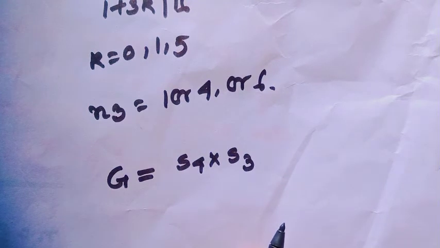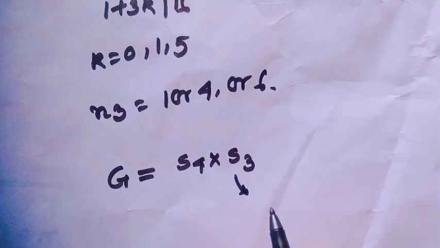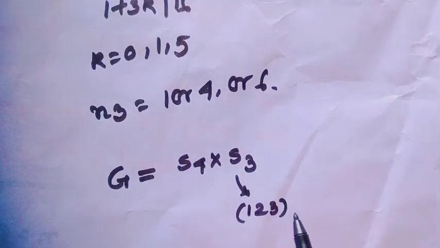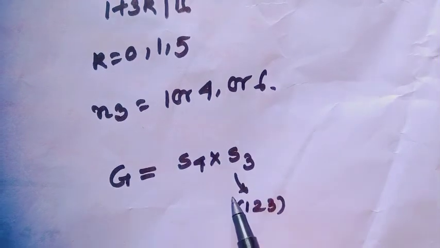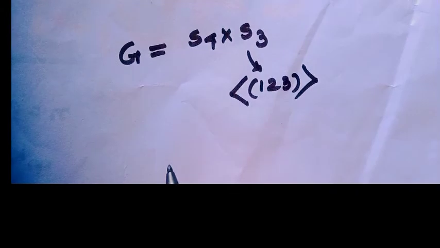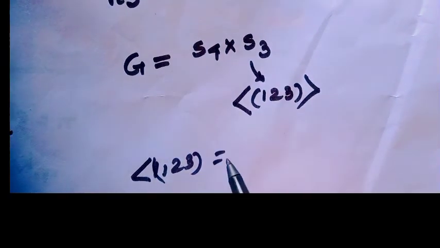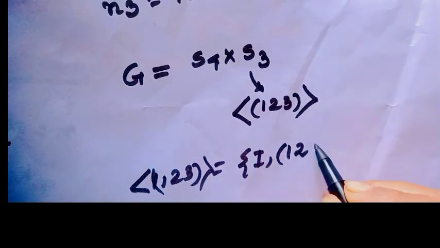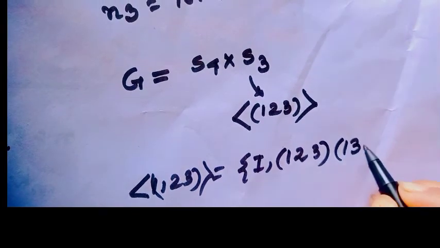We all of us know in S3 there exists an element of order 3, and consider this (1 2 3). Now similarly generate it as a subgroup. That means we all of us know the cyclic subgroup generated by (1 2 3) equals identity, (1 2 3) and its inverse (1 3 2).